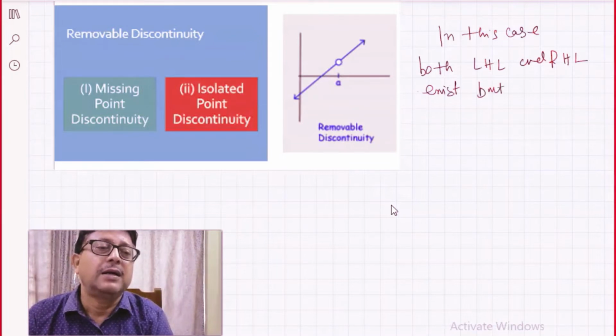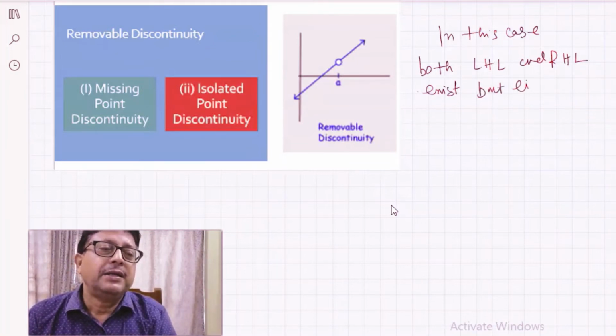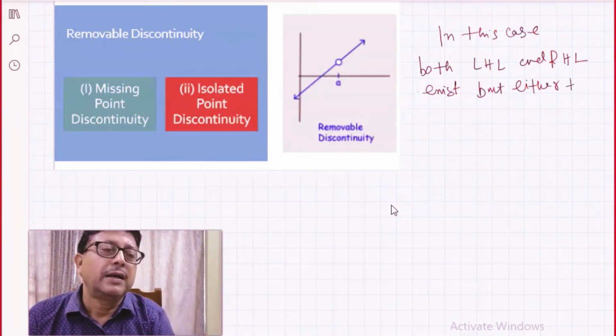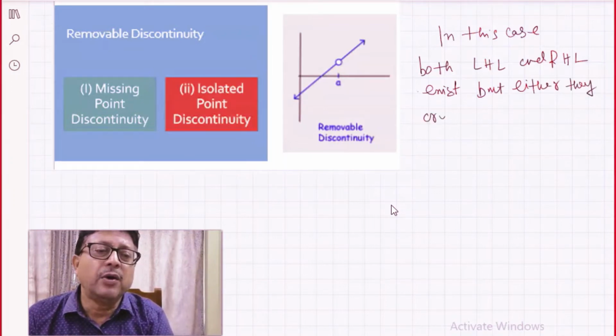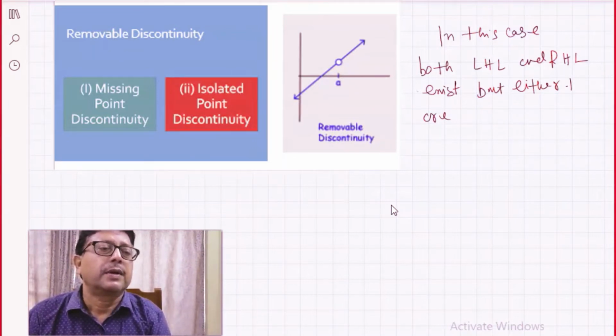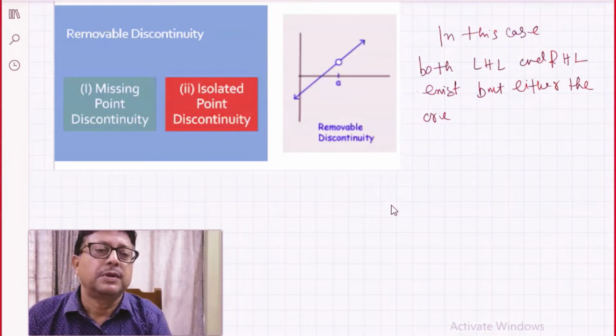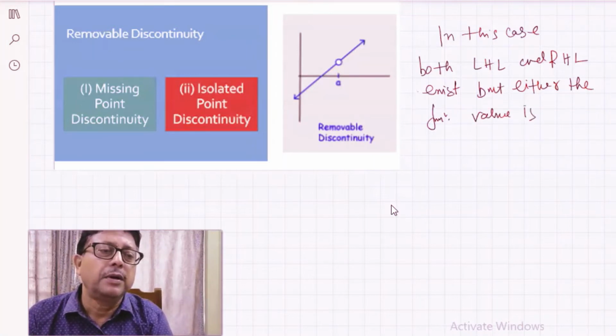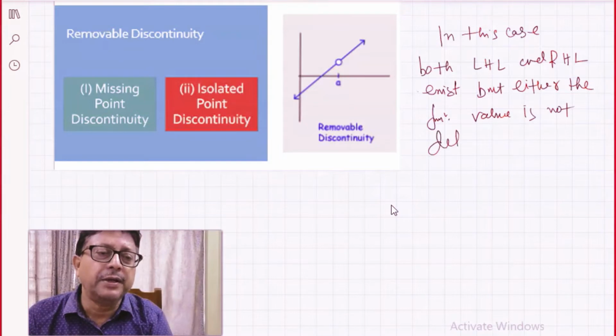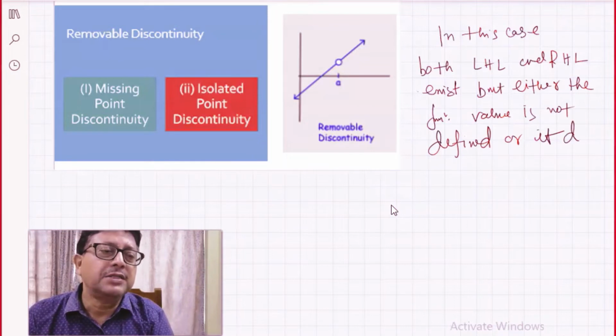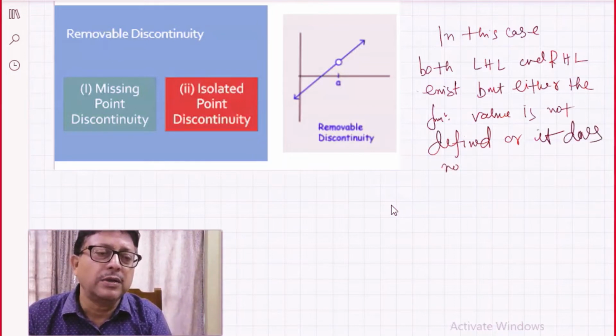But either the functional value is not defined, or it does not exist at all.